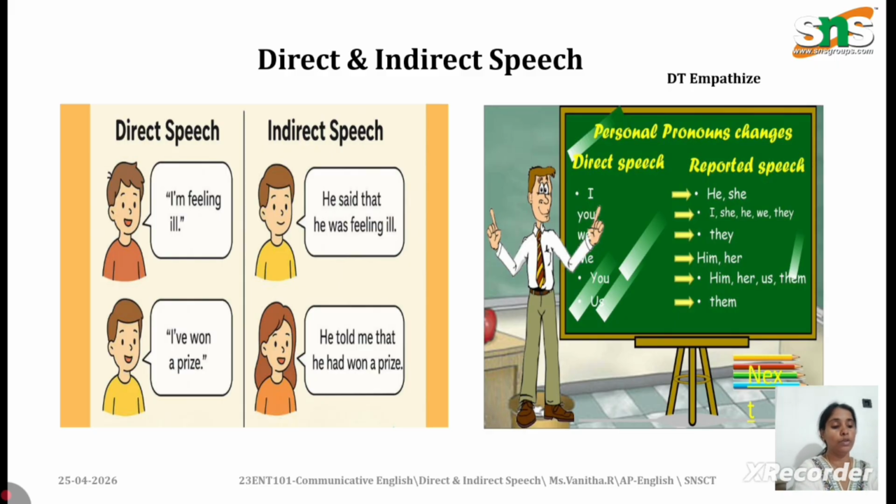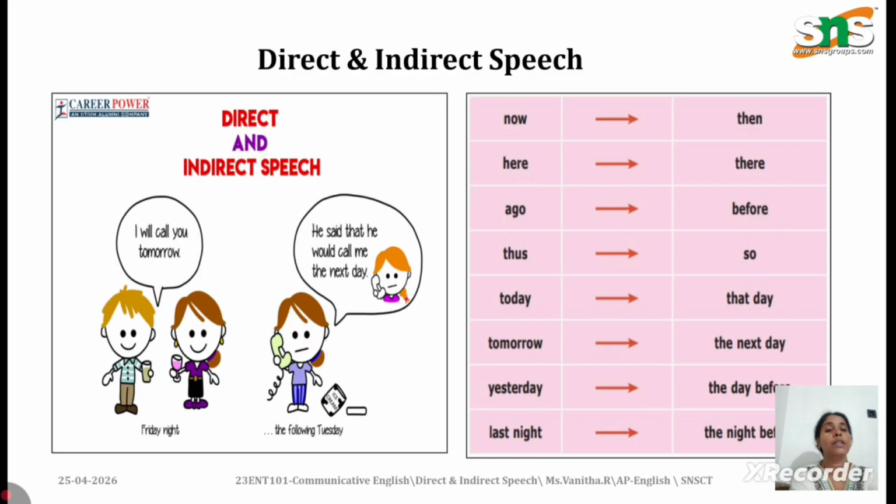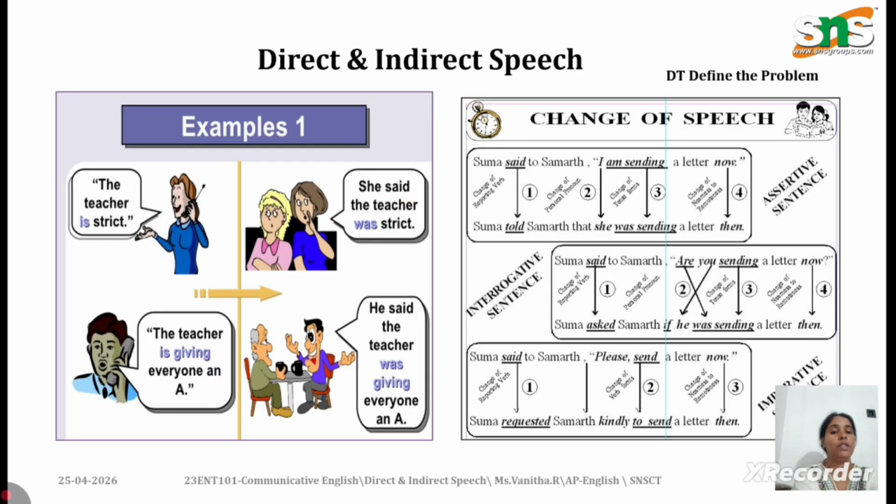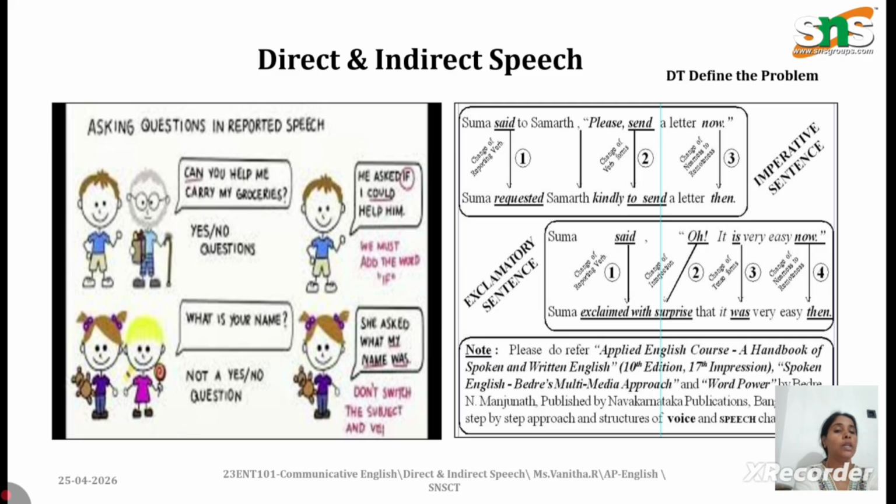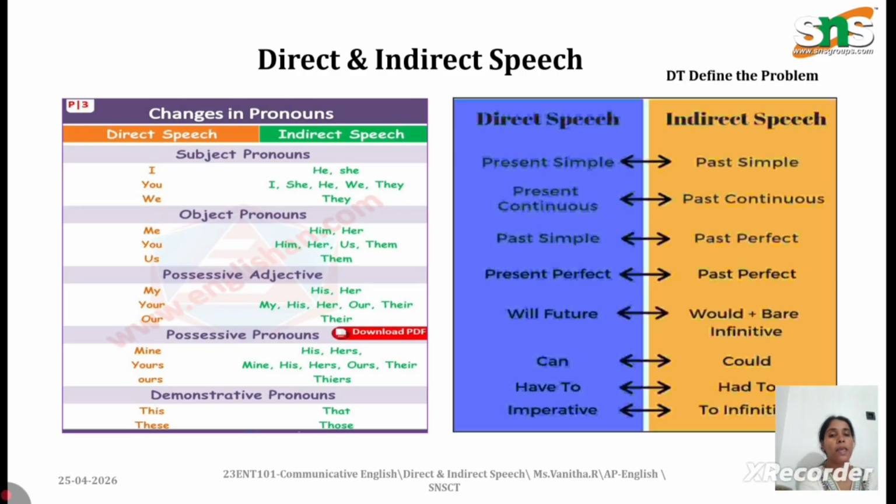The important rules of direct and indirect speech, again: remove quotation marks, use that for statements, then change of pronouns, change of tense, change of time and place words, and change of modal auxiliaries. For pronouns, I becomes he or she, you becomes we, and so on.